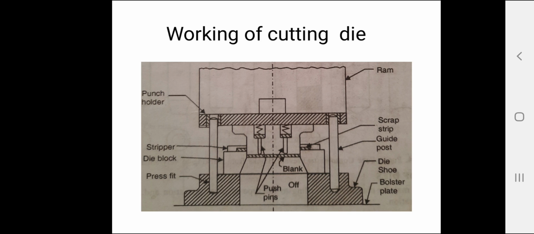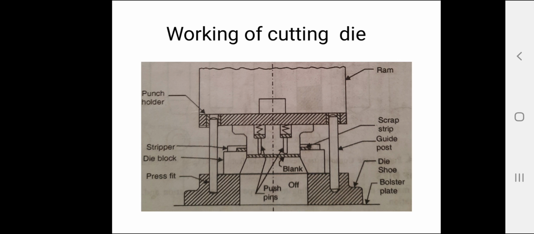The simplest type of stripper strips off the scrap strip from the punch surface when the scrap strip strikes the bottom surface of the stripper during the upward movement of the punch. To avoid clinging of the blank in the die opening, the walls of the die opening are tapered. Why are die openings tapered? To avoid clinging of the blank in the die opening.